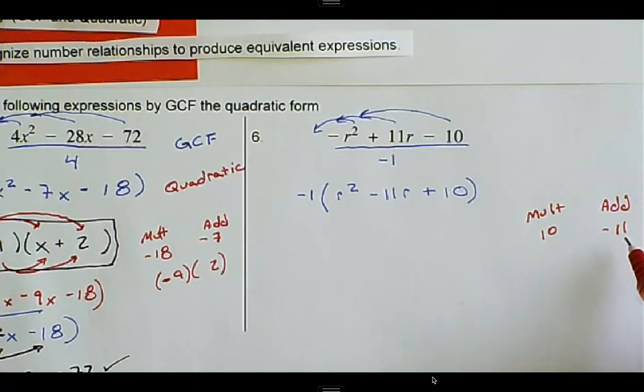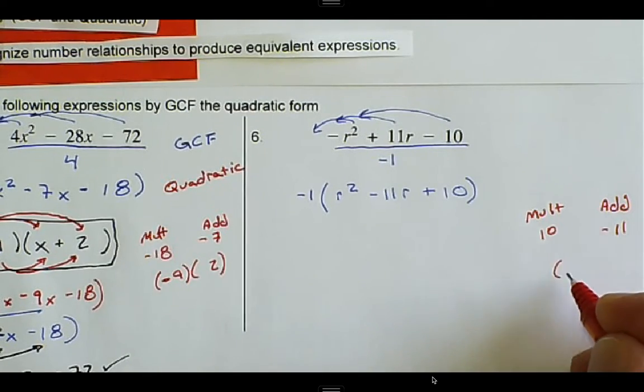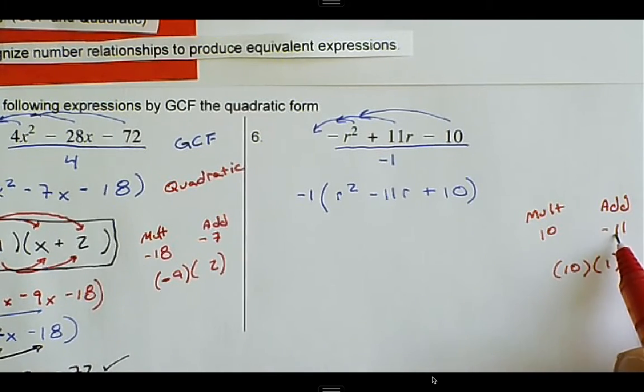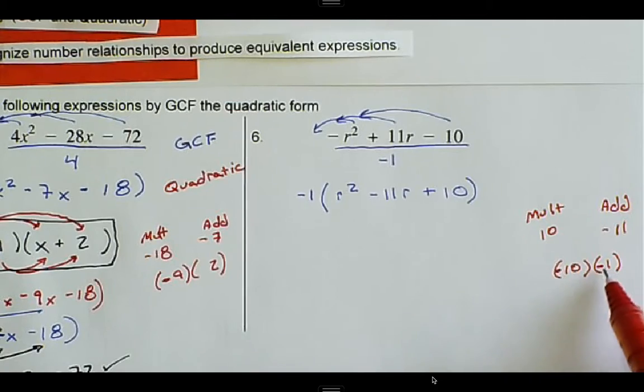We need to get to 11. So what's the other option? 10 and 1. So 10 times 1, if we multiply those together, is 10. And 10 plus 1 is 11. So the issue is we have the wrong sign. So what we have to do is we just make these both negative. Negative times a negative is still a positive. Add them together is still negative. So those are the terms that we need to have.